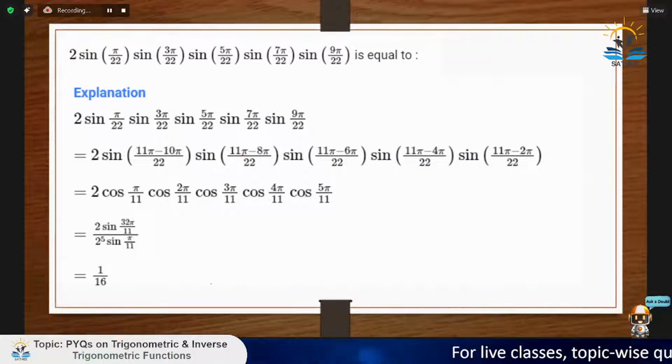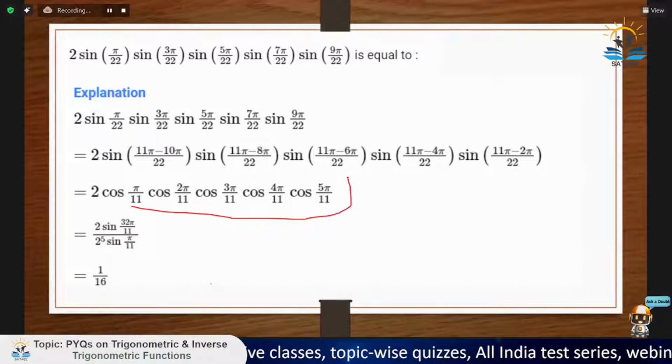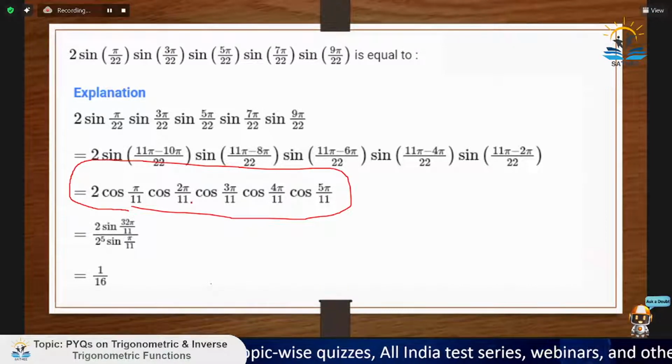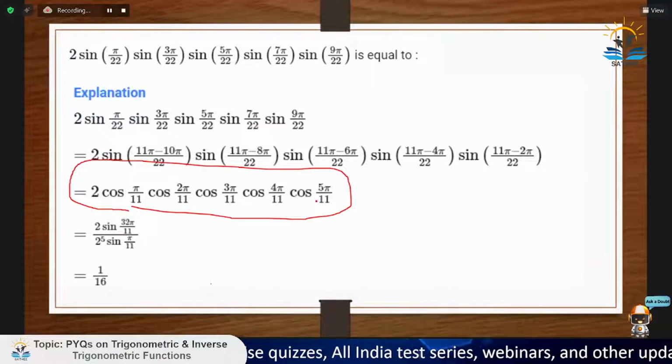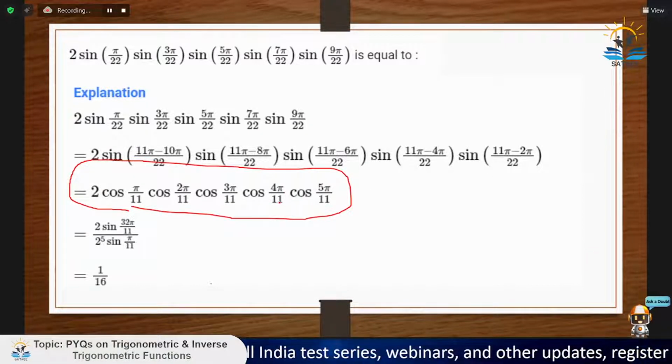I hope I'm clear. Just to convert this expression into cos terms, I did so. I converted into cos because I know a formula for solving this expression. This is something like pi, 2 pi, 3 pi, 4 pi, 5 pi, so the terms are in AP in the cosine series.